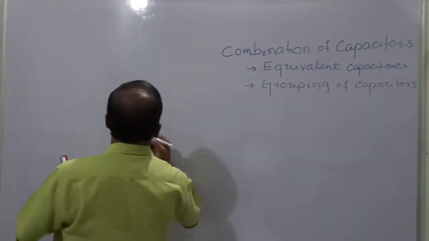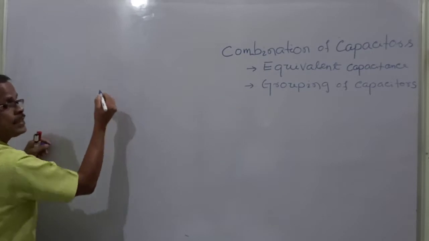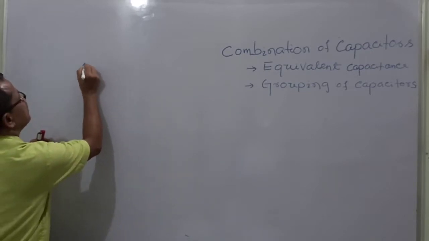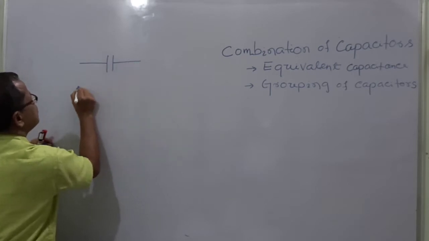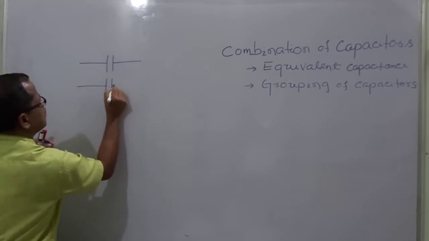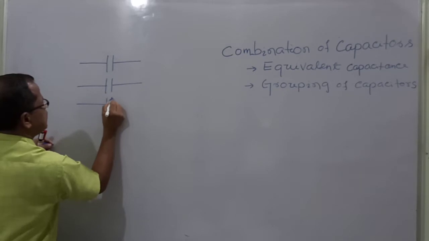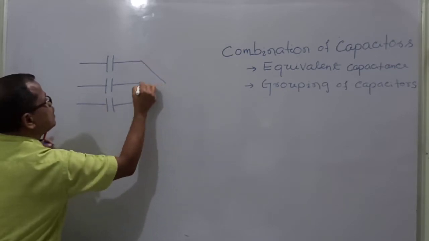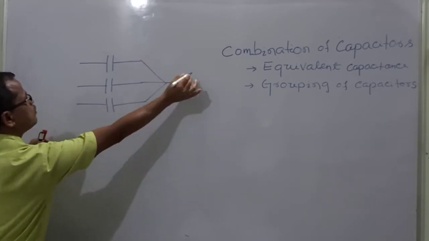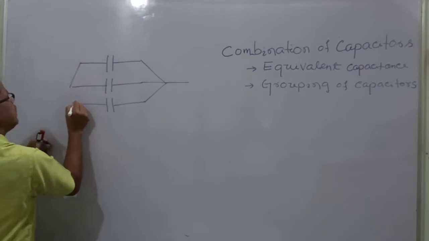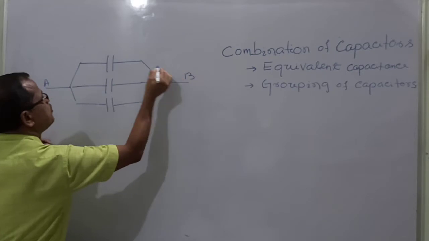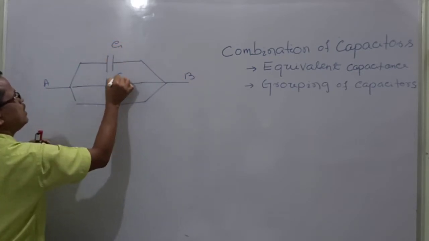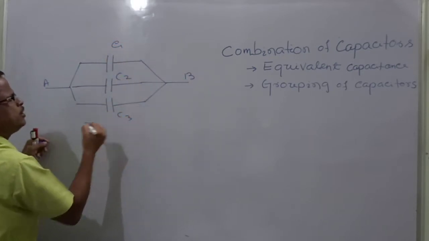First, let the capacitors be in parallel. If these capacitors are in parallel, this is a capacitor, this is a capacitor, these are the three capacitors. All the right hand terminals are connected on one side and all the left terminals are connected on the other side. The terminals are called A and B. The capacitors are C1, C2, C3.